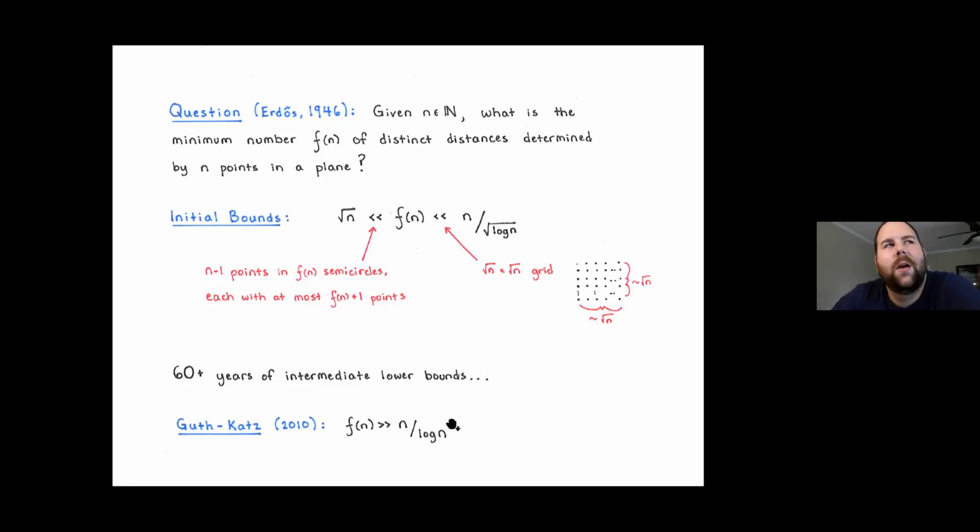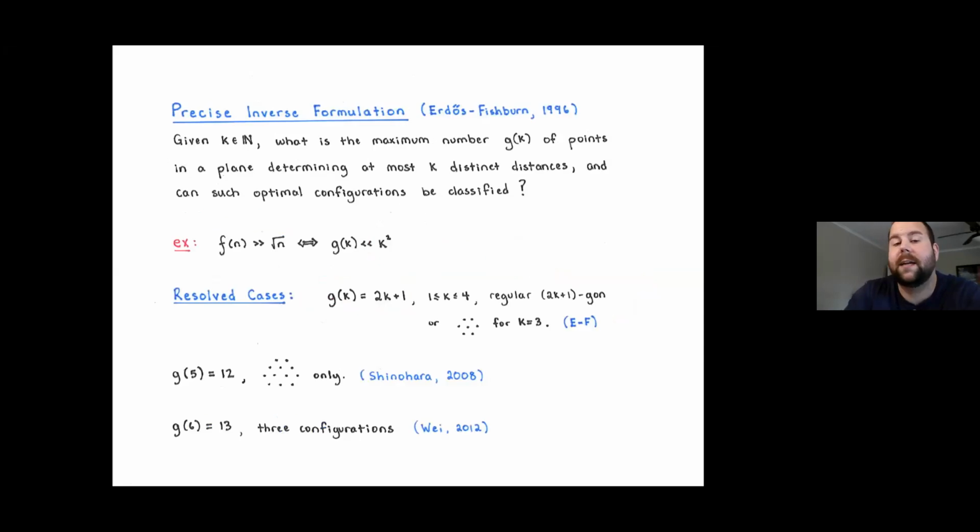But what if you weren't really interested in asymptotic order of growth? What if you were interested in exact answers for fixed values, let's say a fixed number of points, and you really wanted to get your hands on examples? Because f of n is a sublinear function, if you wanted to do that, it would actually make a little more sense to take the inverse perspective.